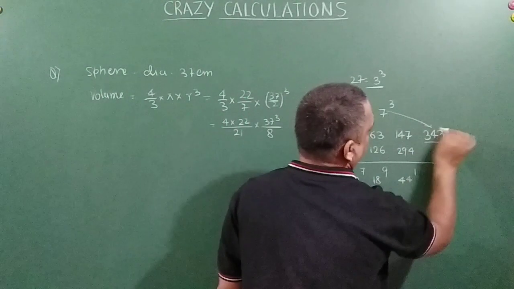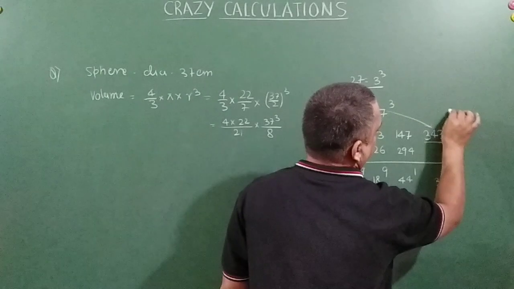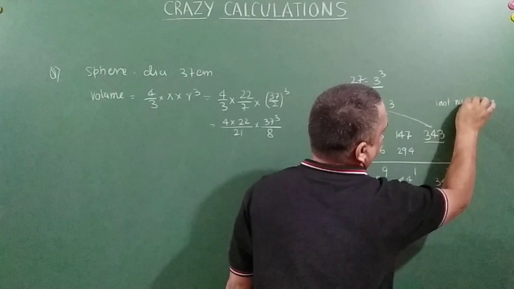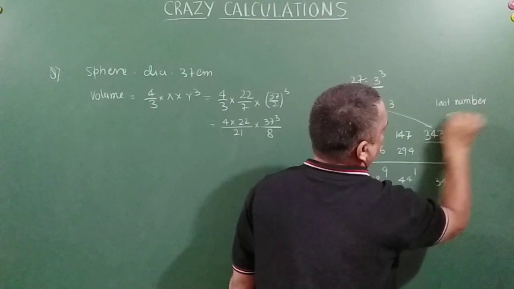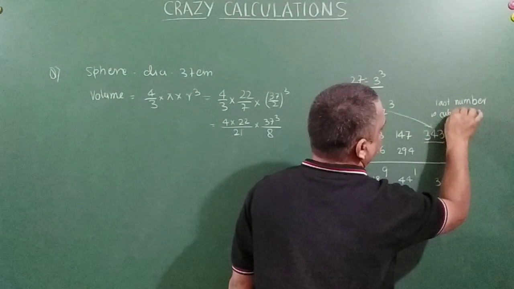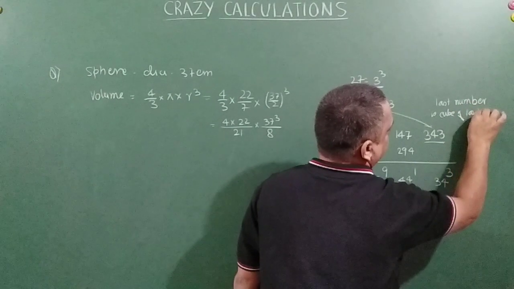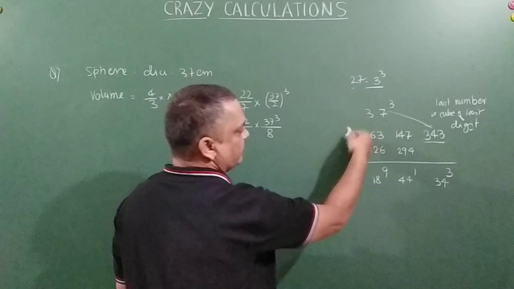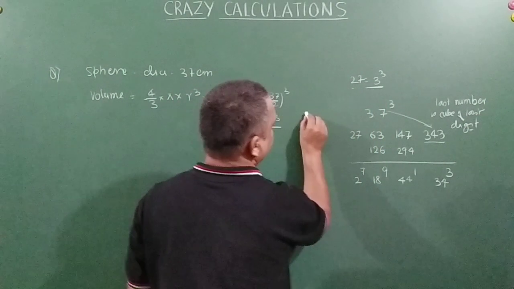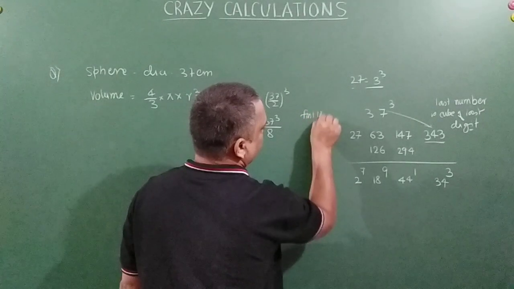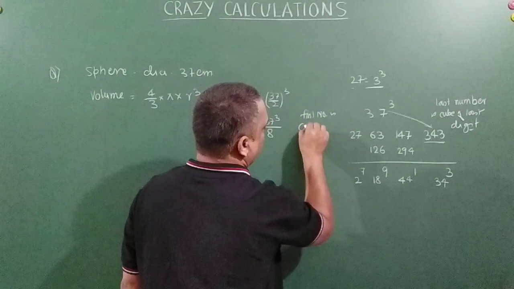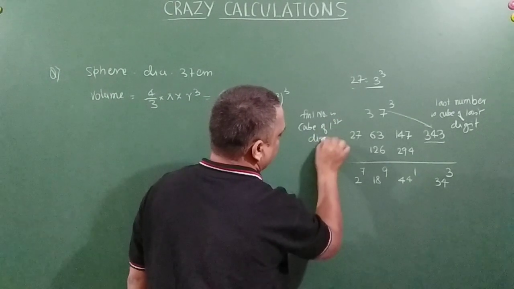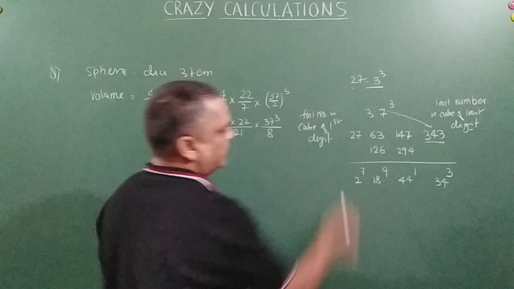I will say that the last number is the cube of the last digit, and the first number is the cube of the first digit.